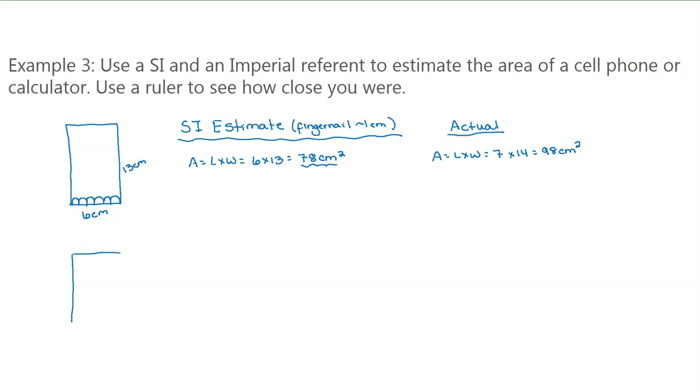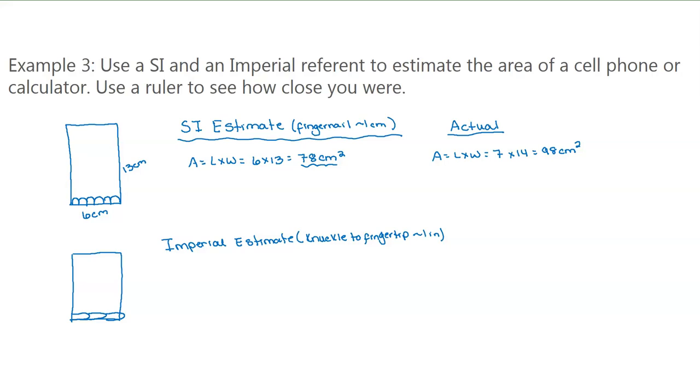Now we're going to repeat the process again, this time using an imperial referent. I'm going to use my thumb again, using the distance from my knuckle to my fingertip, which is about 1 inch. So placing my knuckle down on the phone horizontally like this, I get 1, 2, and I don't get 3 full knuckle widths.